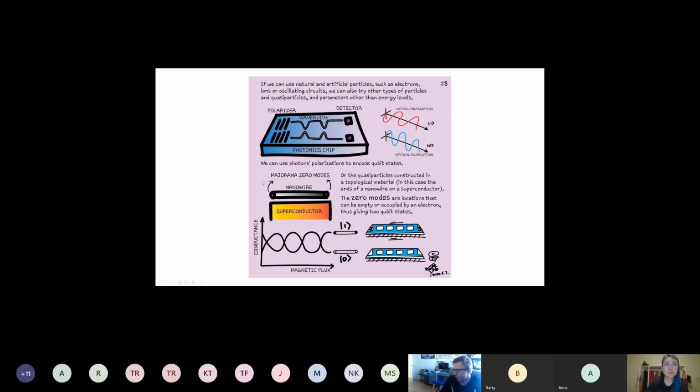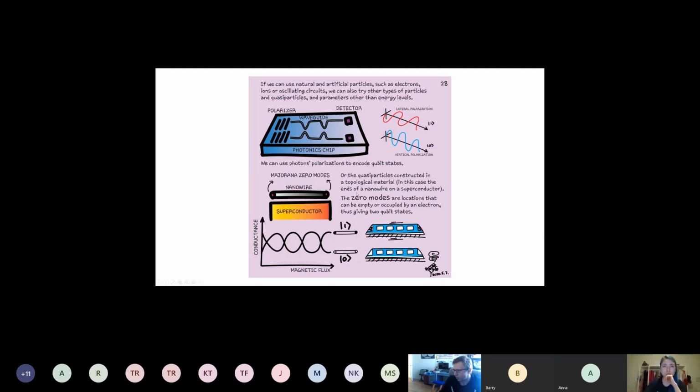And Microsoft in particular is pursuing something completely different, using a quasi-particle called Majorana zero modes. And they can be formed on a stack of different types of materials, and at their interfaces and defects, you could create them.